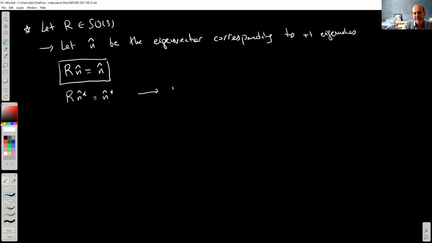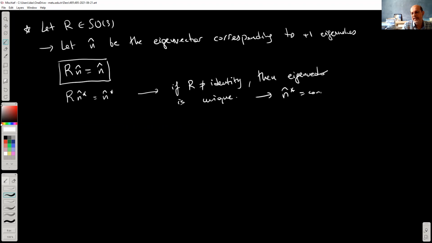So let's say if R is different than identity, then the eigenvector is unique. Which means n star is basically some constant times n, so I can choose n real.